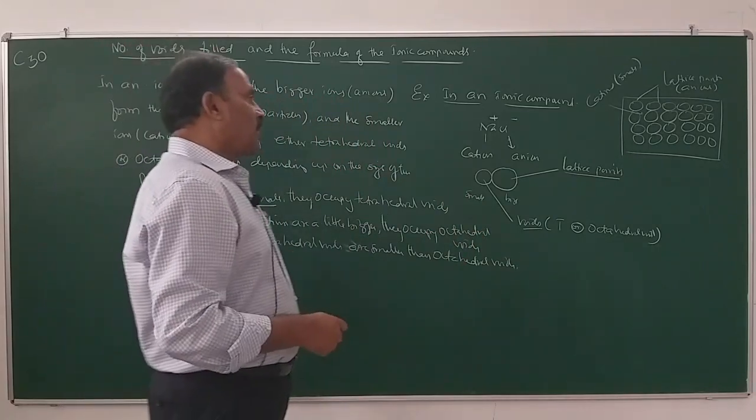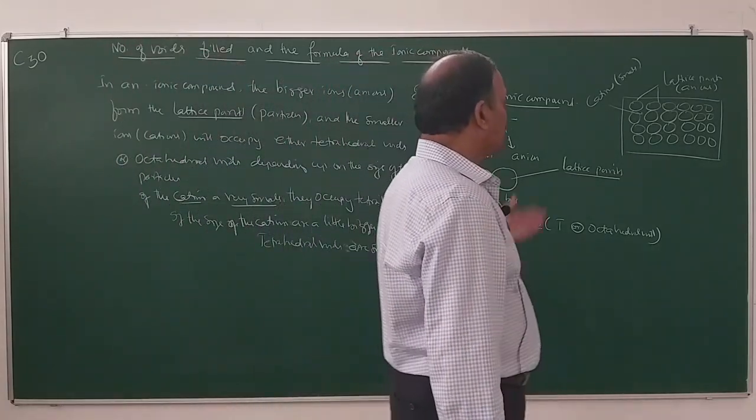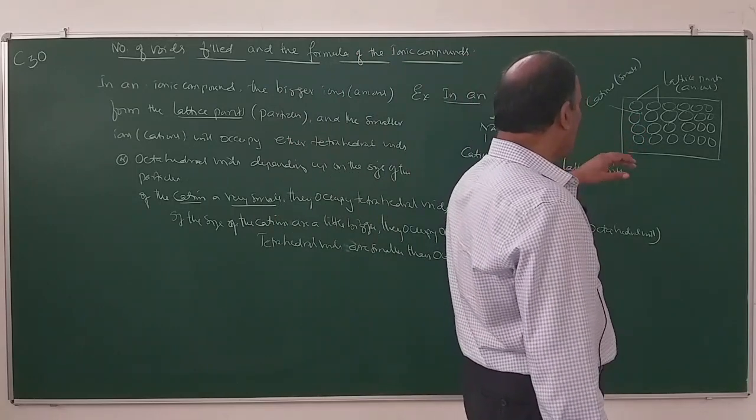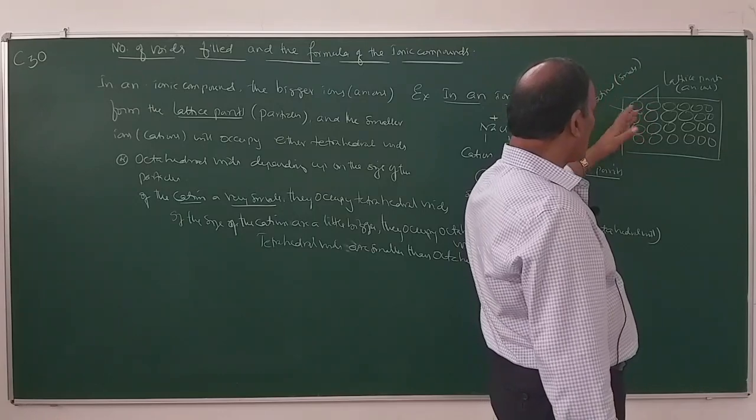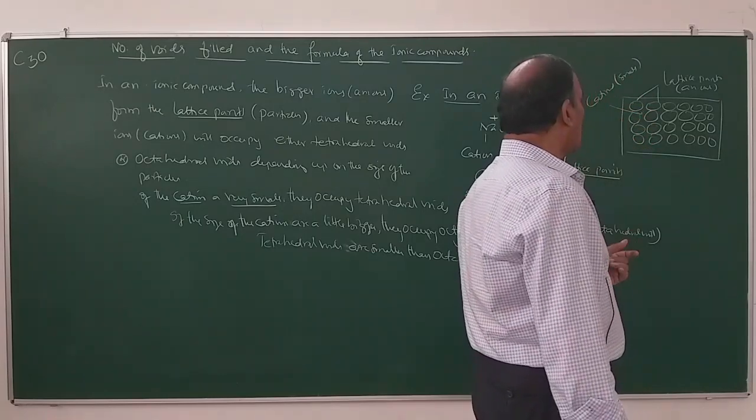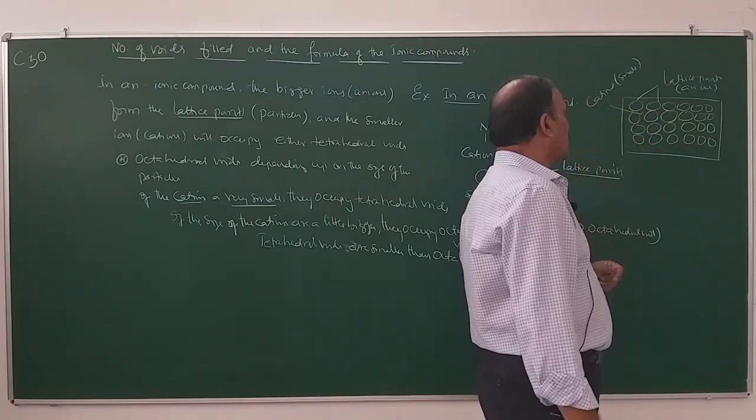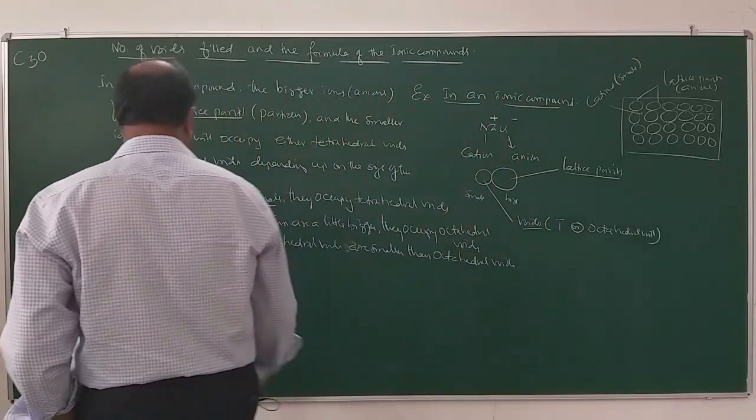So depending upon the fraction of the voids covered, either tetrahedral voids or octahedral voids, we can determine the formula of the ionic compounds.